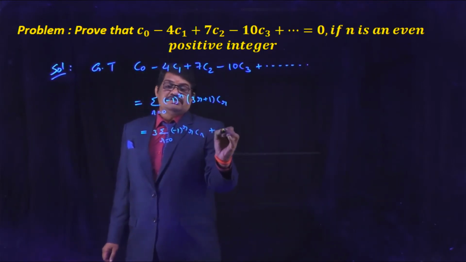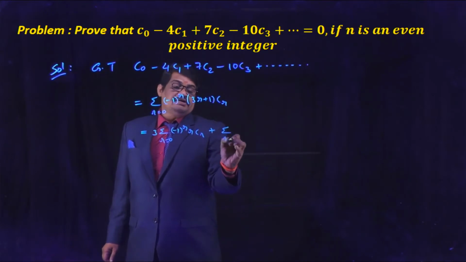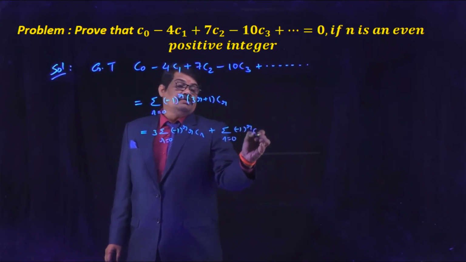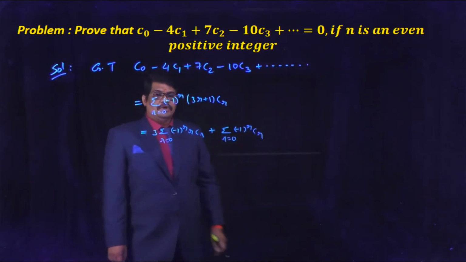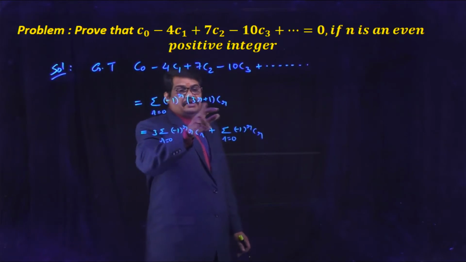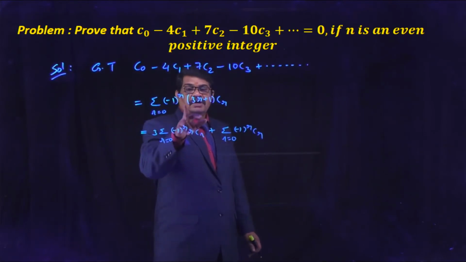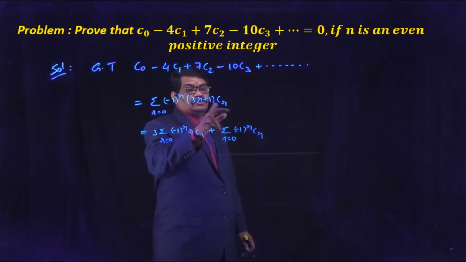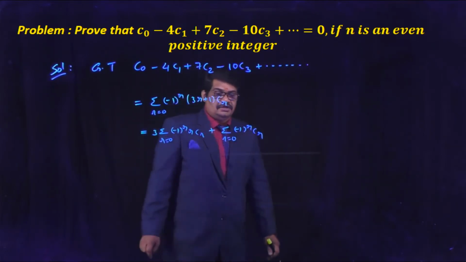Next, plus sigma r equal to 0 to n of minus 1 to the power of r into Cr. Now we have split it into two terms: 3 is a constant, written first, with minus 1 to the power of r into r Cr as one term, and minus 1 to the power of r into 1 into Cr as the second term.